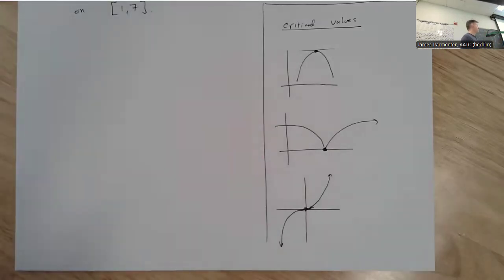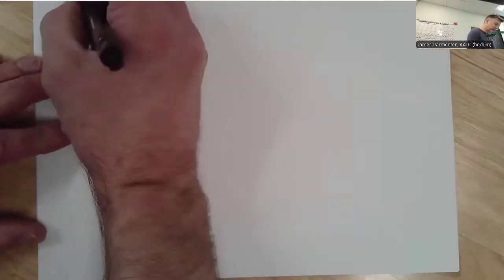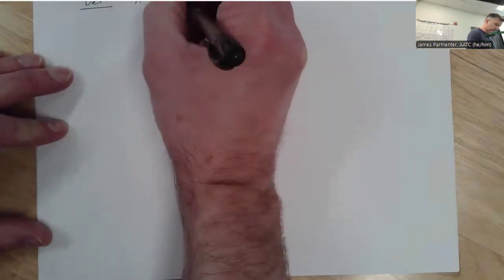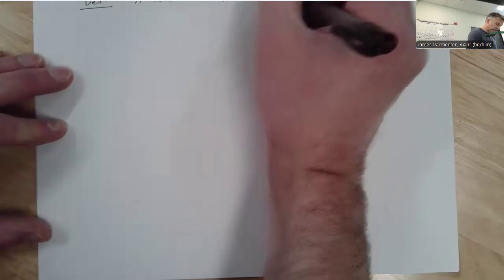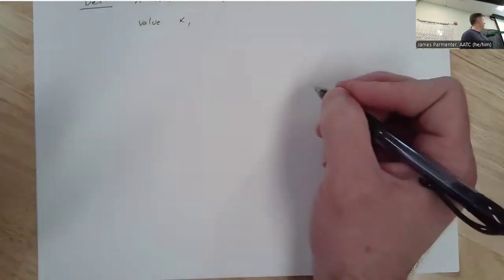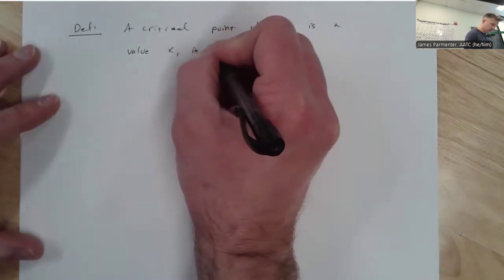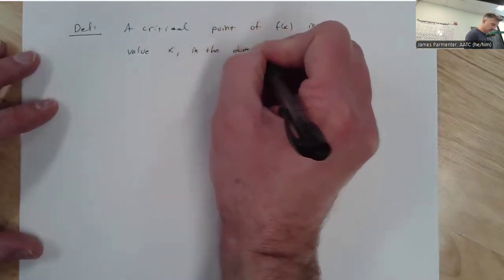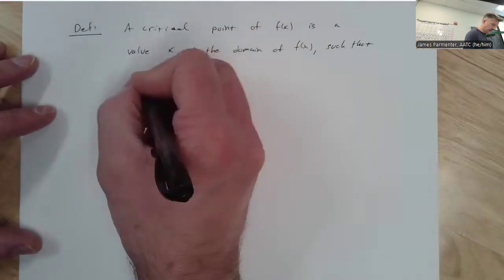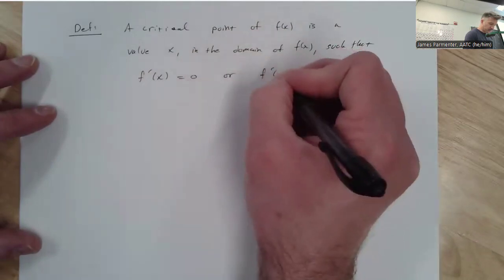So critical point is just a place. In fact, I suppose I should write this down instead of just trying to say it a few times. Sorry. So just to say, definition: a critical point of f of x is a value x, notably, in the domain of the function, such that either f prime of x is equal to 0 or f prime of x is undefined.